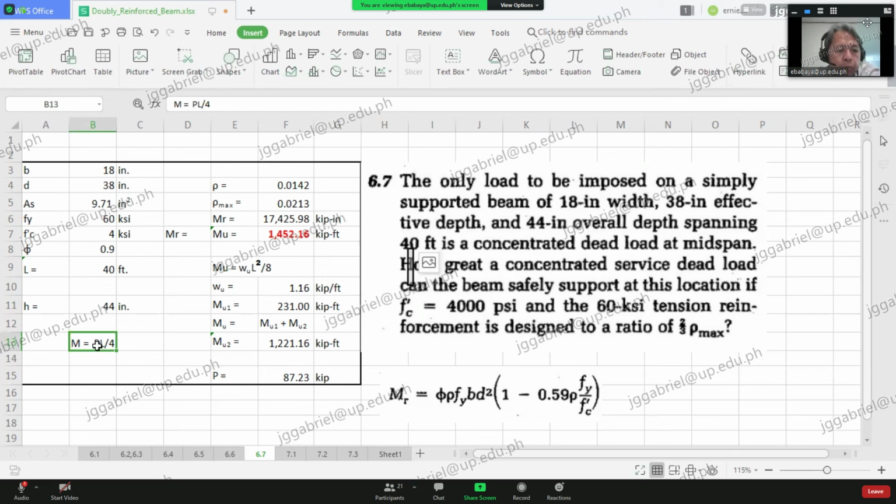So if you will work out the equation, your P, therefore, P is equal to 4 times M divided by L. Tama? So, eto yon.